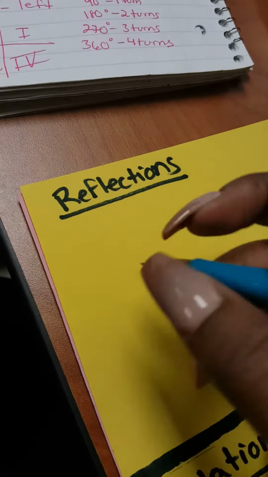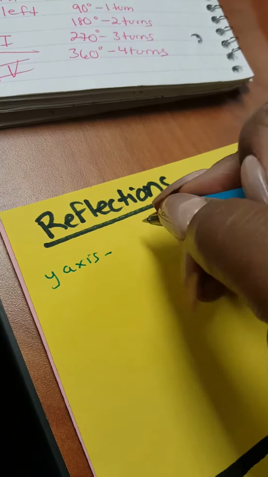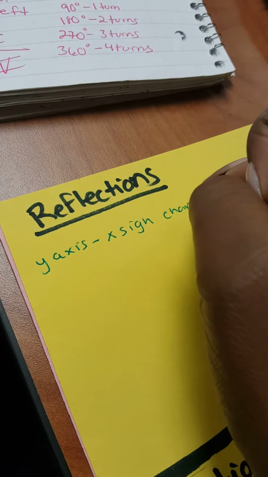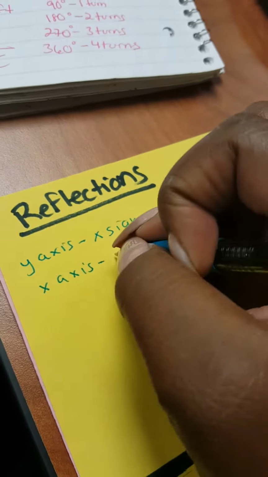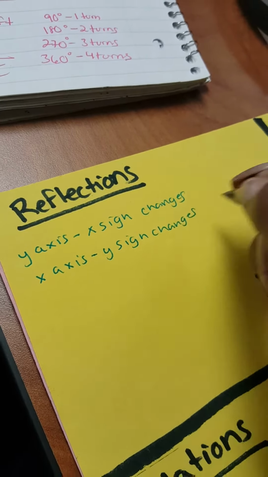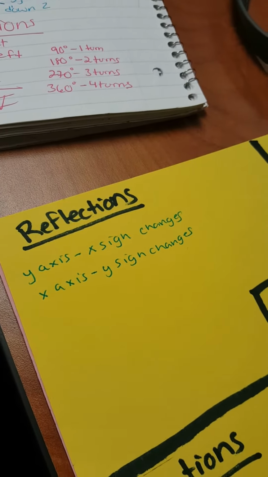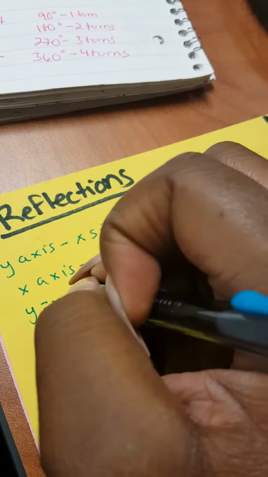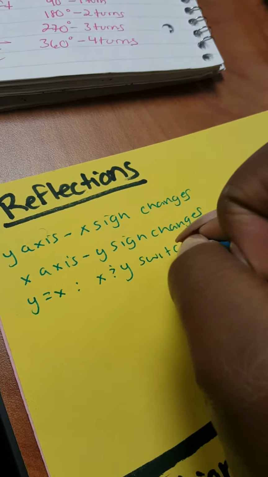Okay, then reflections. When we reflect over the y-axis, the X sign changes. When we reflect over the x-axis, the Y sign changes. When we reflect over Y equals X, X and Y switch places.